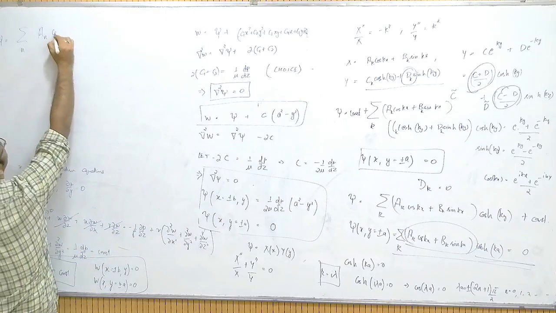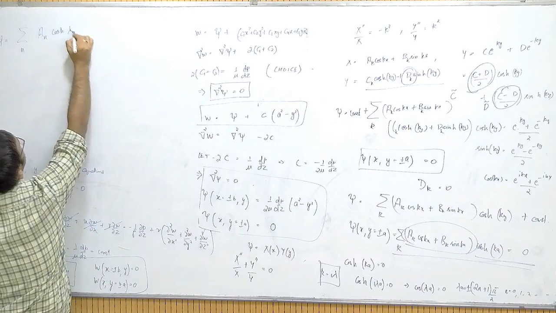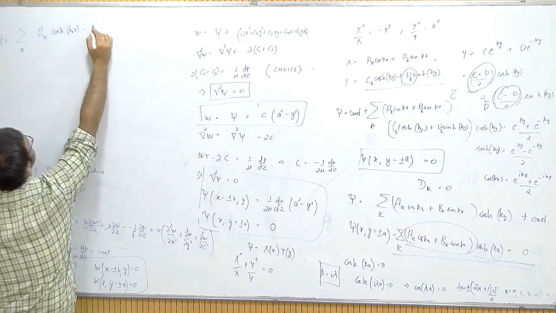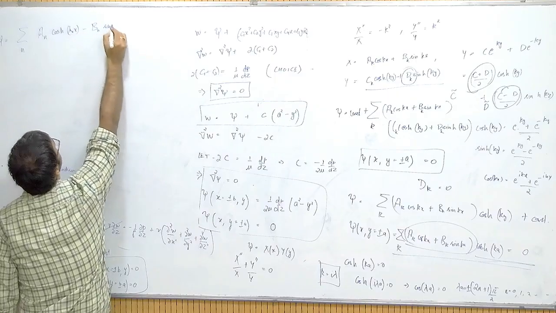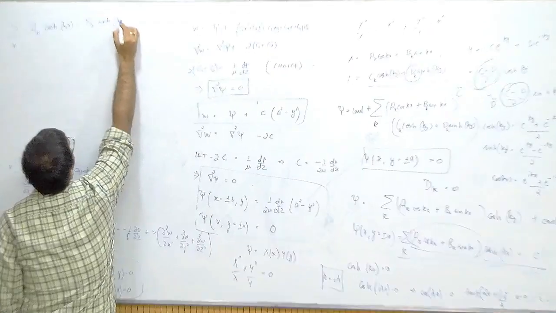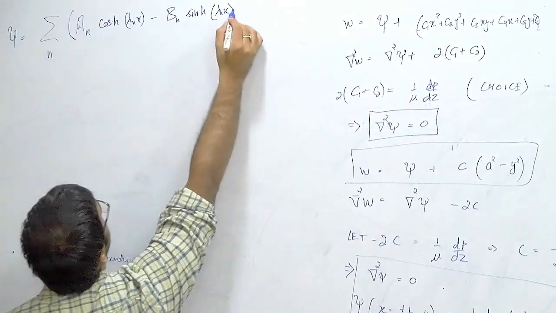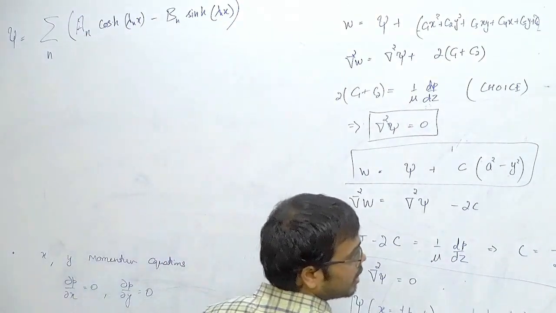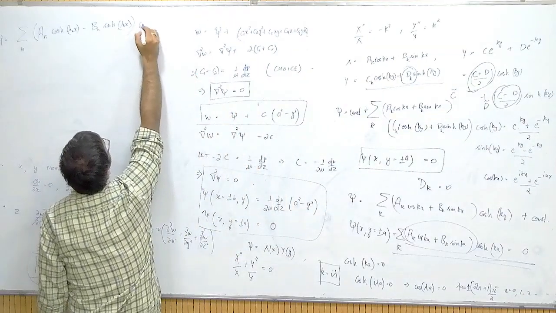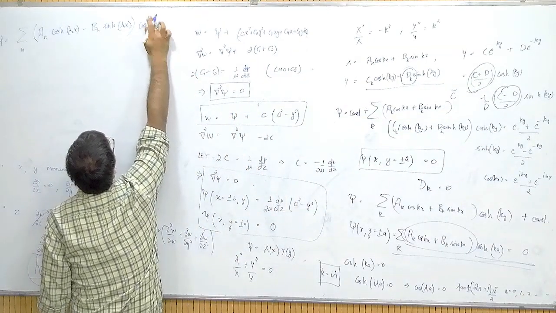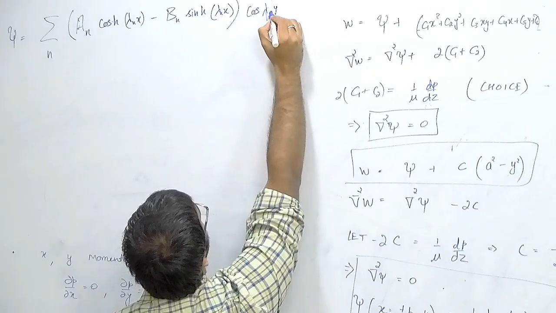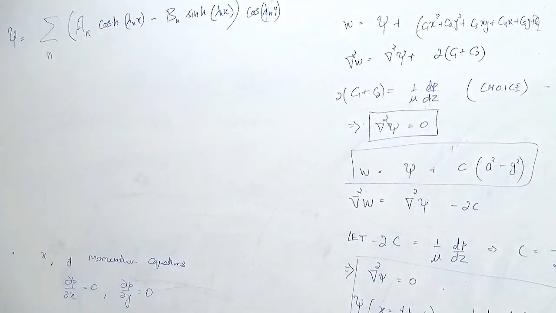So you will get a_n cosh lambda_n x minus b_n sinh lambda_n x, times that cosh becomes cos, so you have cos lambda_n y. This is what we have as the simplified solution.